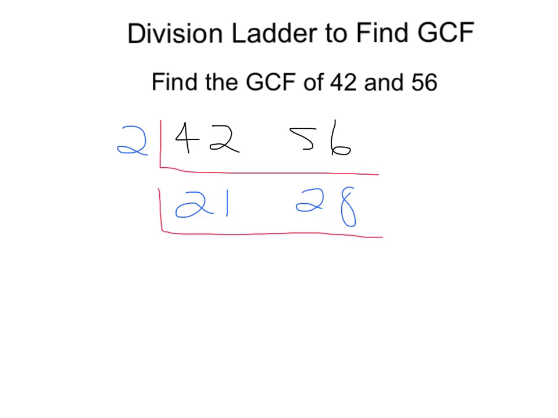What about 7? 21 divided by 3 is 7. 28 divided by 4 is 7. So 7 is a common factor. And that gives us 3 left over here and 4 left over there. So the greatest common factor that these two have is 7, because 7 and 2 are the only common factors, and 7 is the biggest.